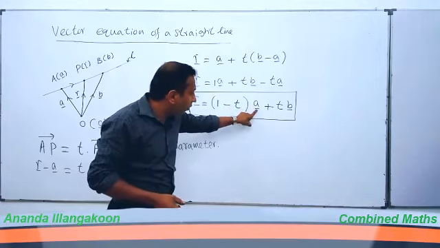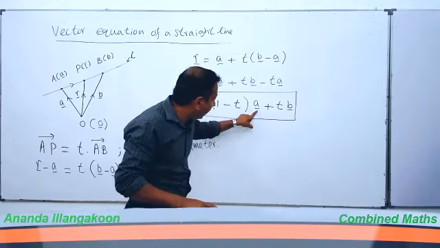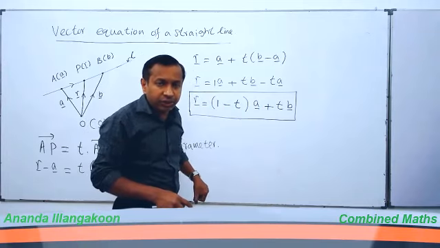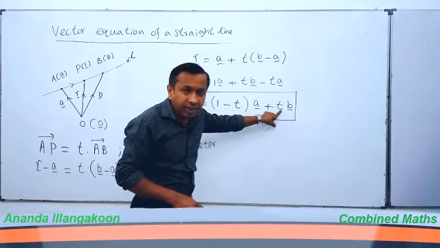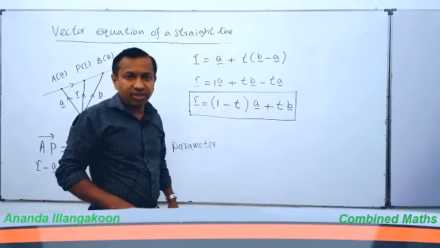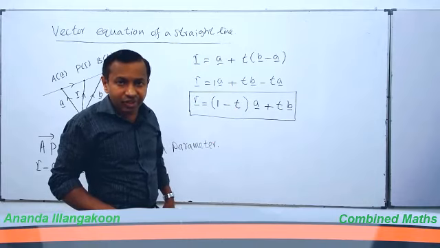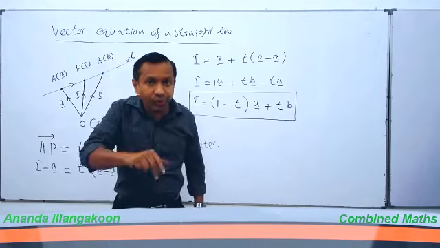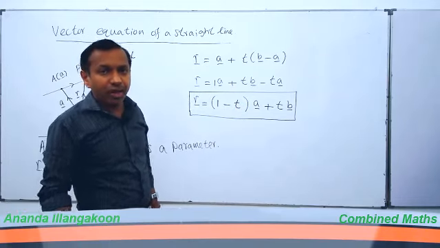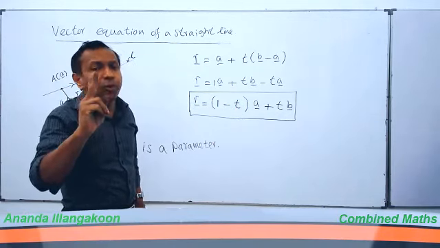That known position vectors of the 2 points we write A, B. Any position vector we multiply by t, then the other one we multiply by 1 minus t. That's how we write, people, the vector equation of a straight line. So therefore, in order to write the vector equation of a straight line, what are the things we need, people? We need 2 points on the line with the position vectors.